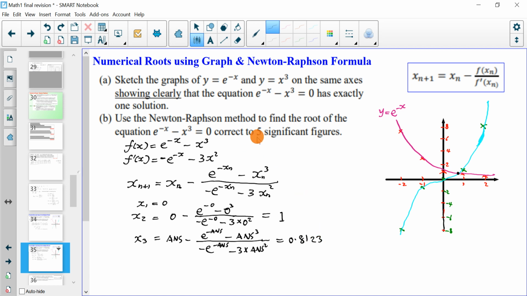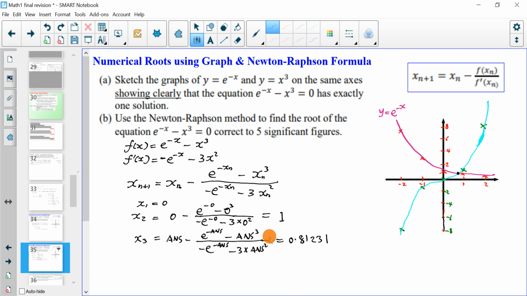The question asks for 5 significant figures, so I'm going to keep 5 significant figures and see when it converges to those digits not changing. Okay, so next you're going to say, I have to do this all over again, but because I've already typed this in and that is shown on my calculator screen, I simply need to press the equal button.